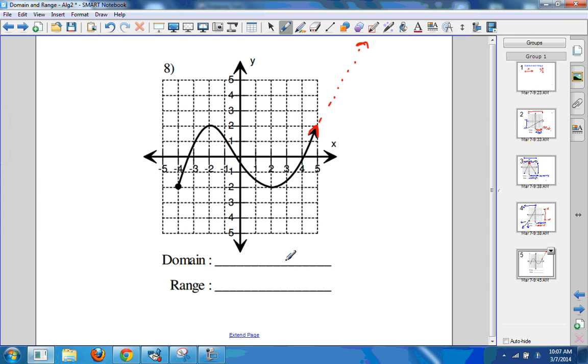The domain is our x values. So the leftmost x value looks to be negative 4, and that is going forever to the right. So we can say negative 4, and it is including negative 4, all x values greater than negative 4 to infinity.